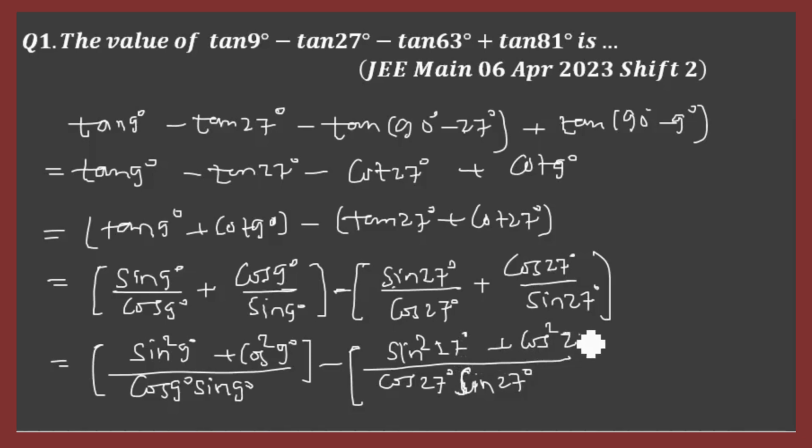Sin square theta plus cos square theta is 1, so we can write this result as 1 by sin 9 cos 9 minus 1 by sin 27 cos 27.